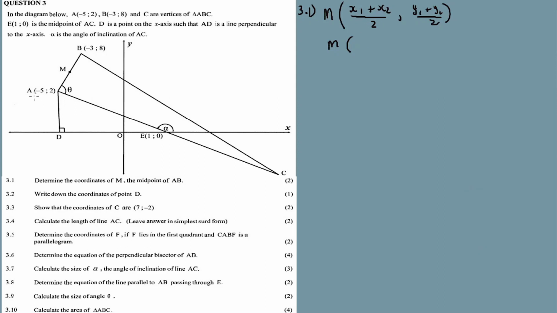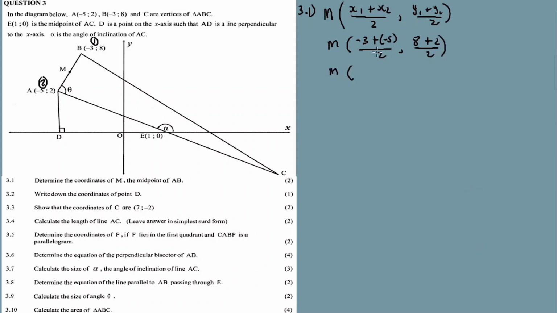Let's say this is point 1 and this is point 2. So x1 is negative 3 plus x2, which is negative 5, over 2. Then y1 is 8, y2 is 2, so it's 8 plus 2 divided by 2.